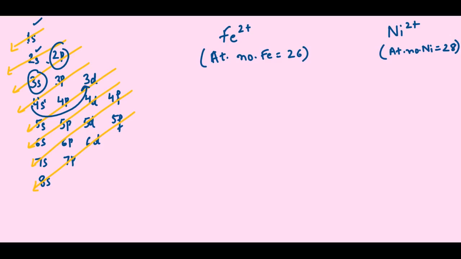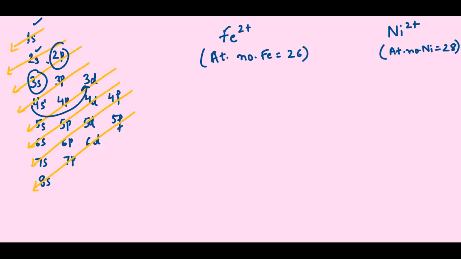What the children do is remove the two electrons from the iron. That means they assume that iron has 26 electrons, and with 2 positive charge, that gives 24 electrons, and they do the configuration of Fe2+ assuming 24 electrons. Okay, and this is a wrong approach.